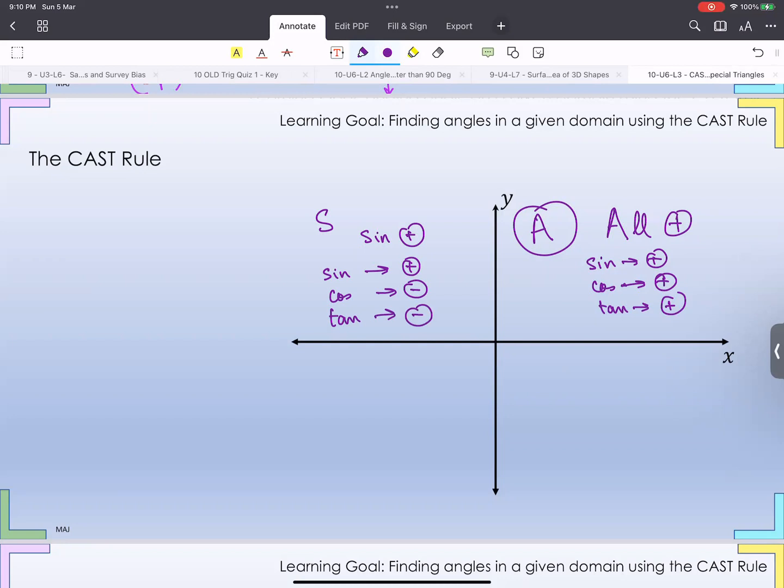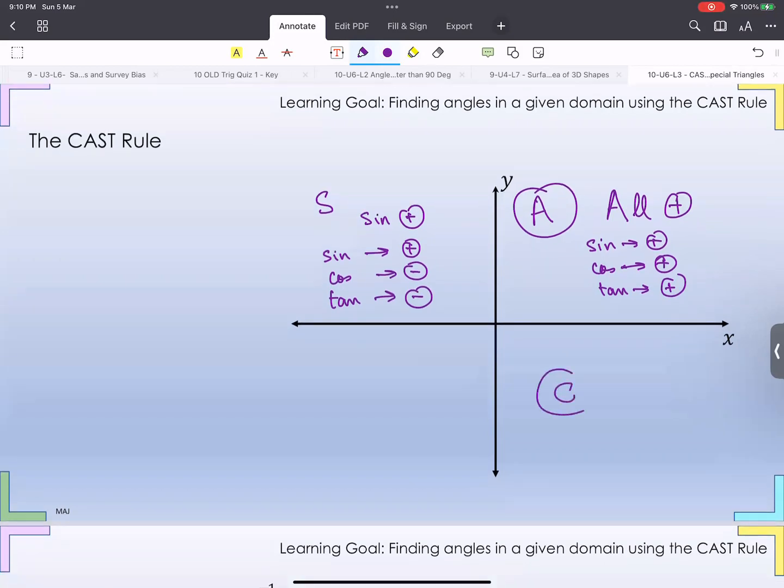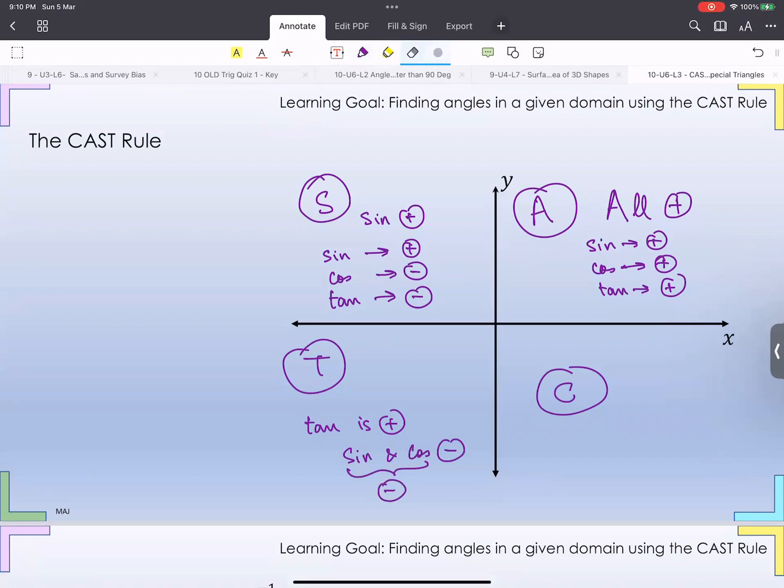And so this is C, A, S, T. Okay, here only tan is positive, sine and cos negative. Okay. And here cos is positive. Okay. Sine and tan are negative. Okay, so that's where the CAST rule comes from.